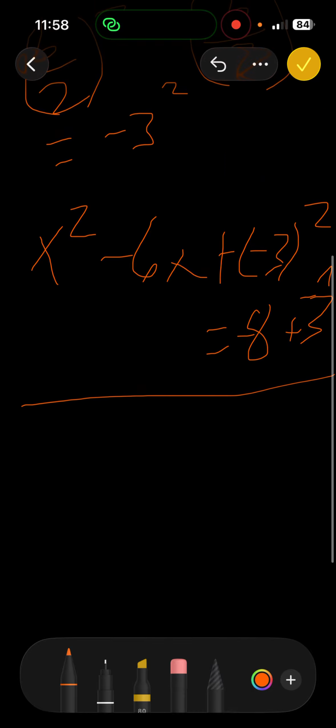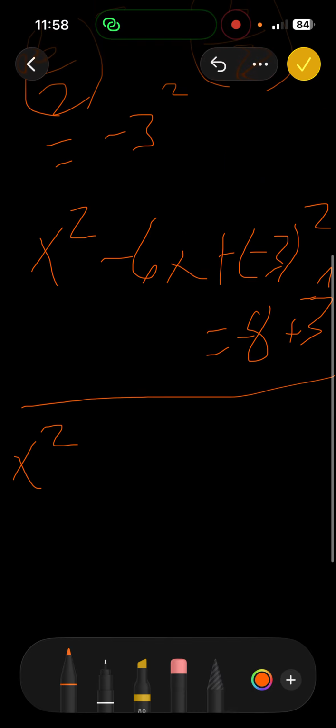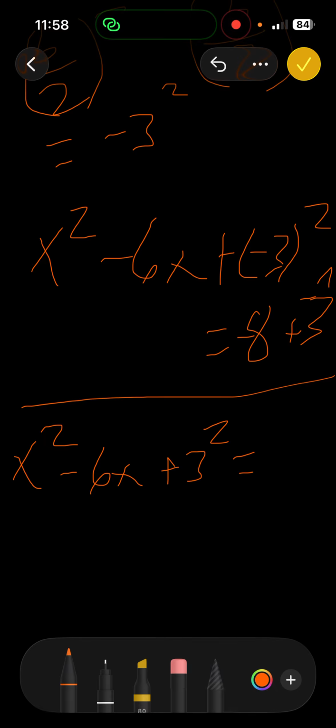We're going to have x squared minus 6x plus negative 3 squared equals, now negative 3 squared is 9, and negative 8 plus 9 is going to equal 1.